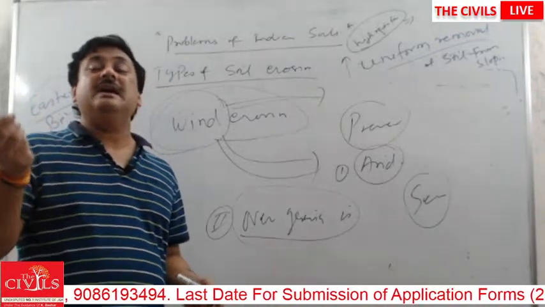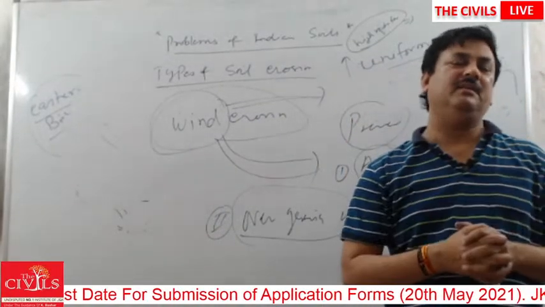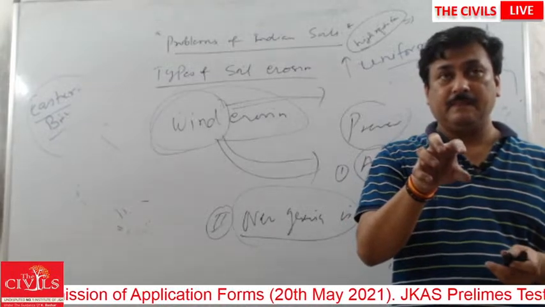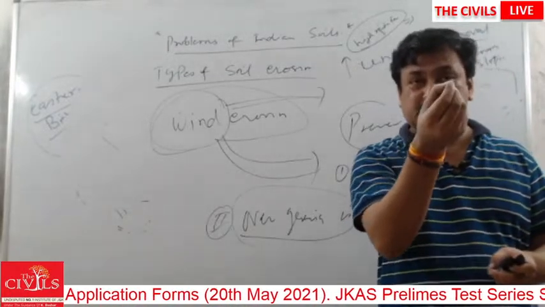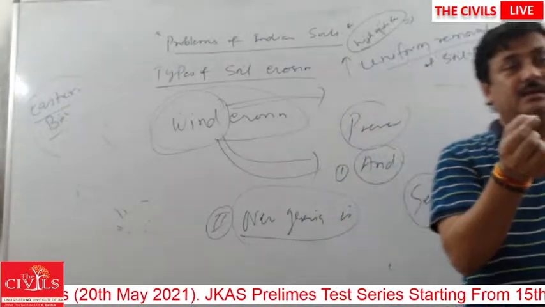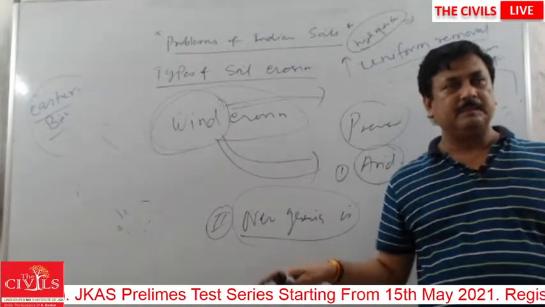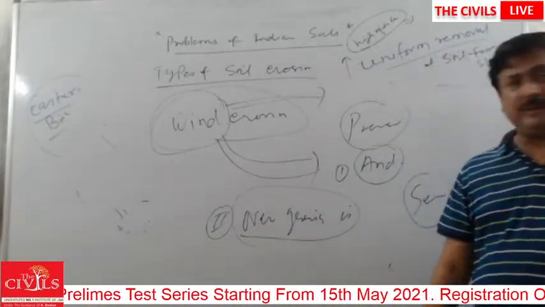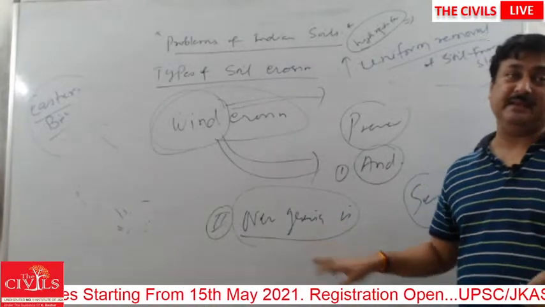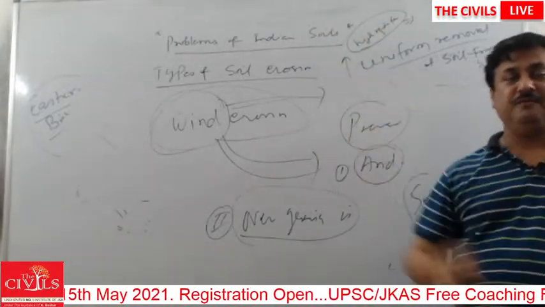We all know the roots of grass hold the soil firmly. So because of the movement of animals the soil becomes loose, and the grasses which hold the soil are also destroyed by grazing. So because of this overgrazing, when the air blows, the finest particles of the soil are removed.